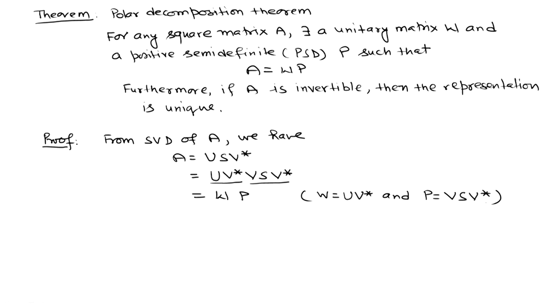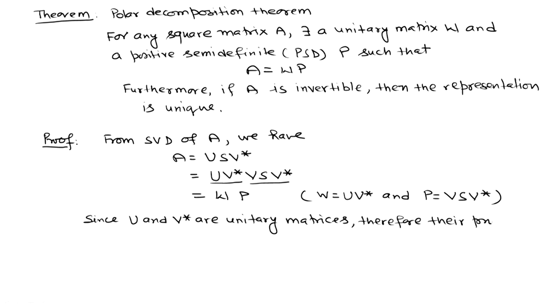Now, since U and V star are unitary matrices, their product W is also unitary.